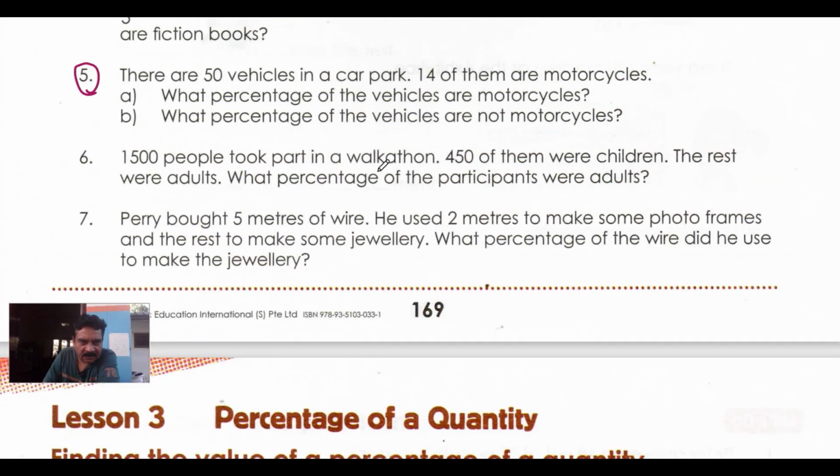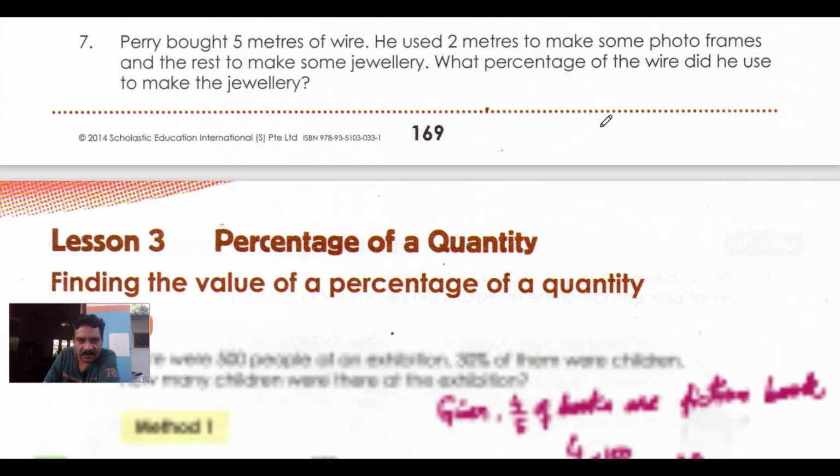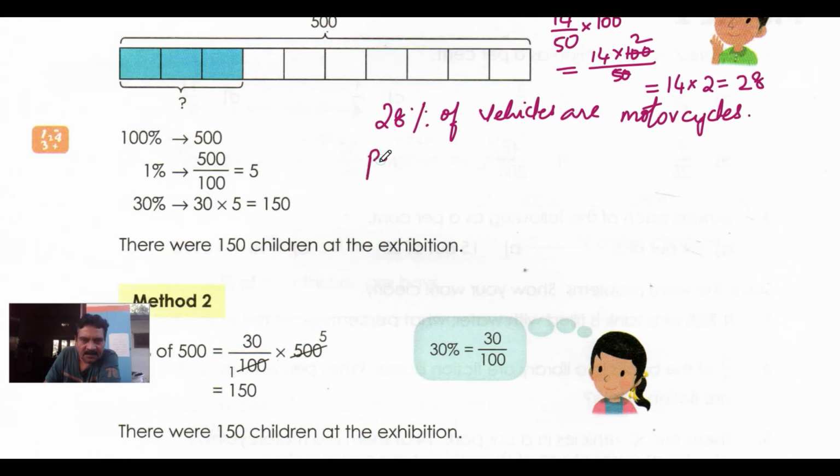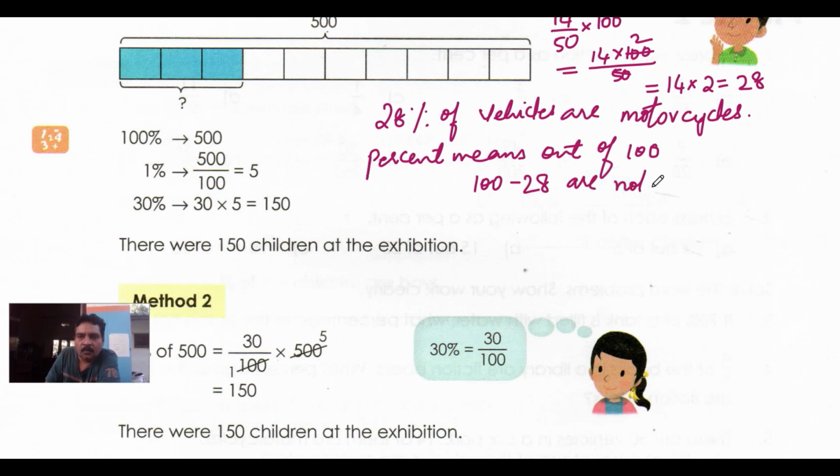Now we'll read the second question. What percent of vehicles are not motorcycles? So percent means out of 100, right? So 100 minus 28 are not motorcycles, right?